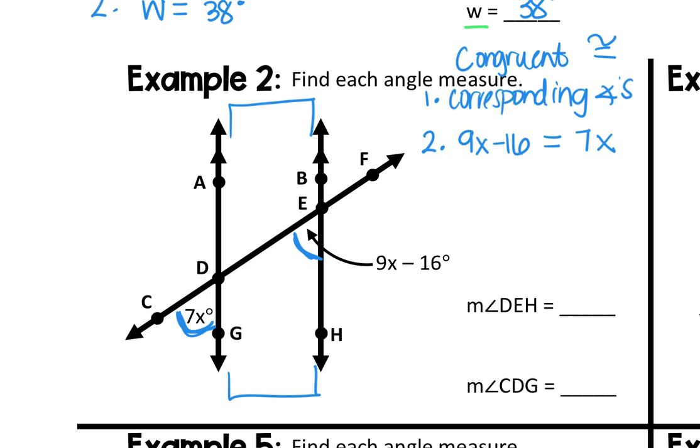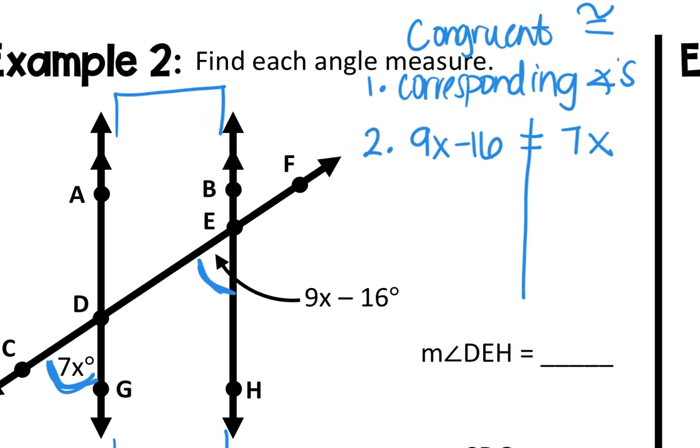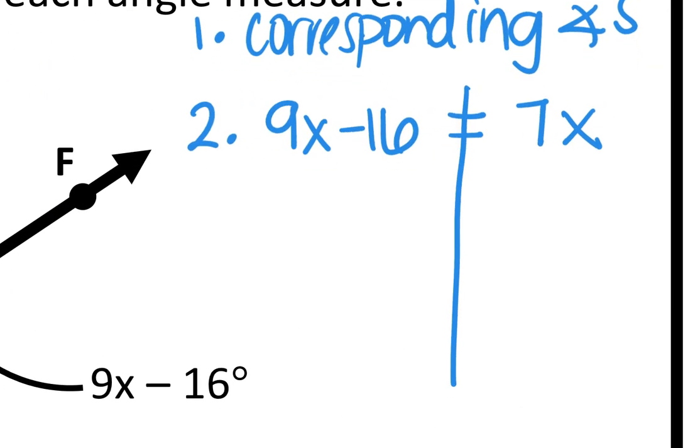Okay, so I'm going to solve. 9x minus 16 equals 7x. I am going to try to keep my numbers on one side and my x's on the other.